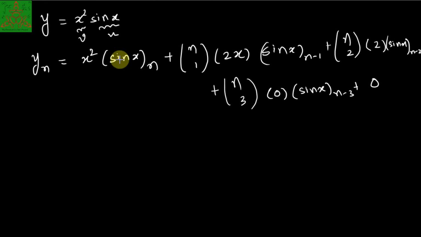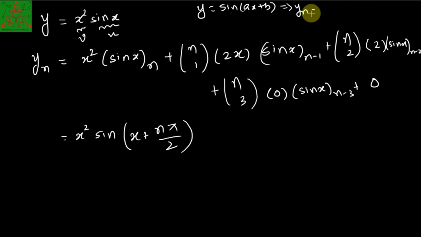And we know that the nth derivative of sine, as we have discussed in my previous videos, is sin of x plus n pi by 2. We have used the formula that if y is equal to sin(ax plus b), then yn is a power n sin(ax plus b plus n pi by 2).